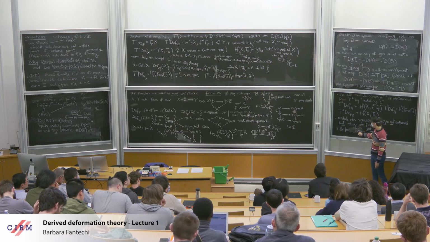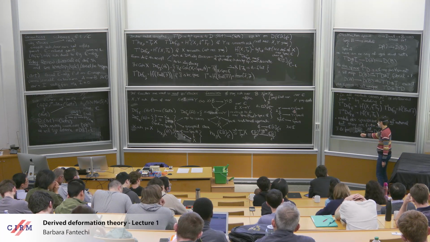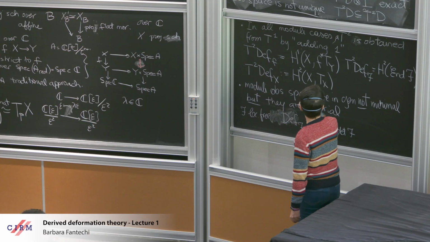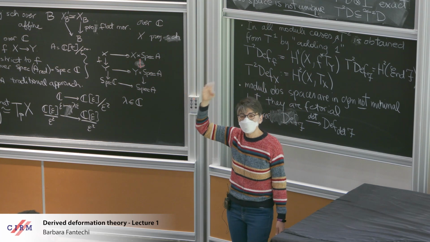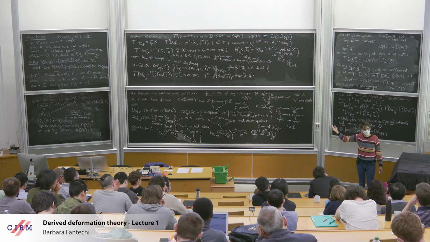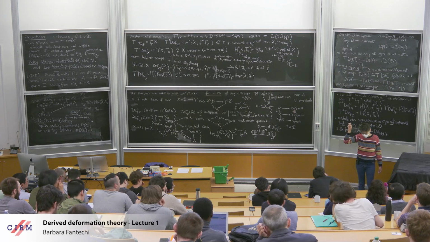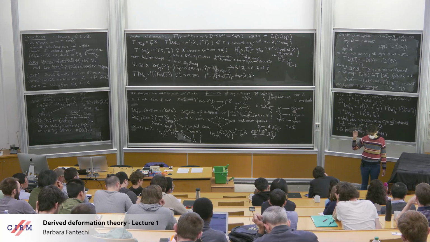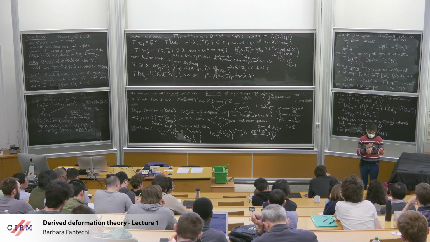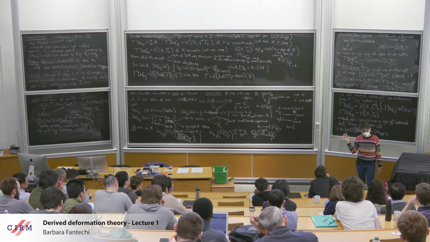So that if you take a deformation of your bundle over Spec B, and you check what is in H2 of endomorphisms, the obstruction to extending it to Spec A, this corresponds exactly to how you do it.